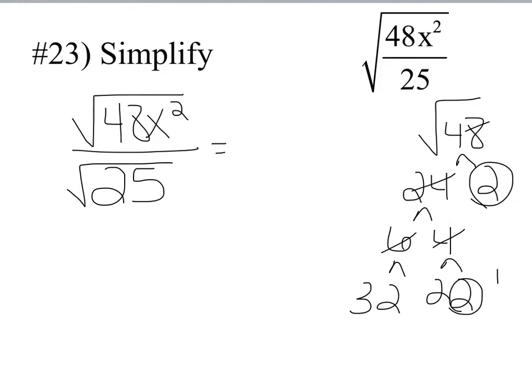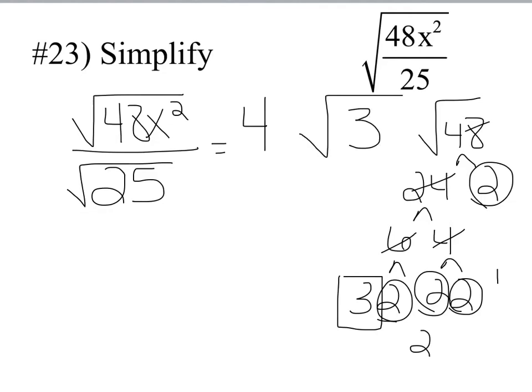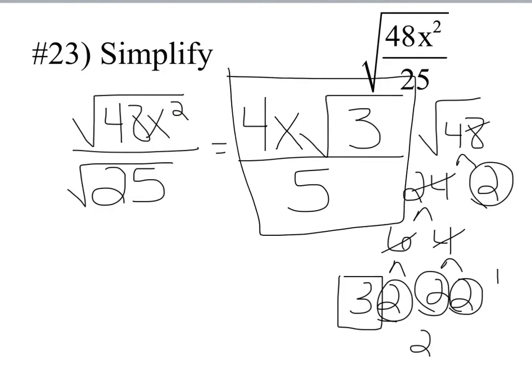That's 1 I can pull out front. 1, 2. That's 2 I can pull out front. And I'm going to leave the 3 inside. So if I pull 2 2's outside, that's 4. And then I've got the square root of 3 inside. And then the square root of x squared, we know, is just x. So that's also going to go on the outside. And we know the square root of 25 is just 5. So my answer is 4x square root of 3 over 5.